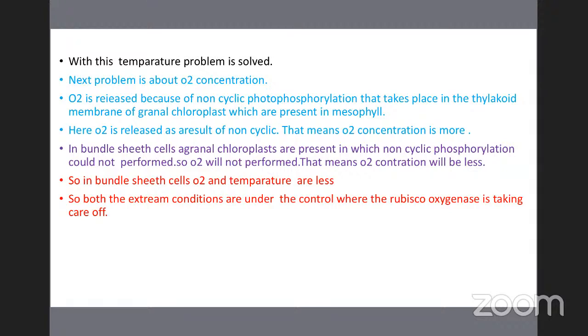That's why it is shifted to bundle sheath cells, where the temperature and oxygen concentrations are less. In C4 plants, by having this dimorphic chloroplast and Kranz type of anatomy, they are escaping from the photorespiration problem. That's clear.